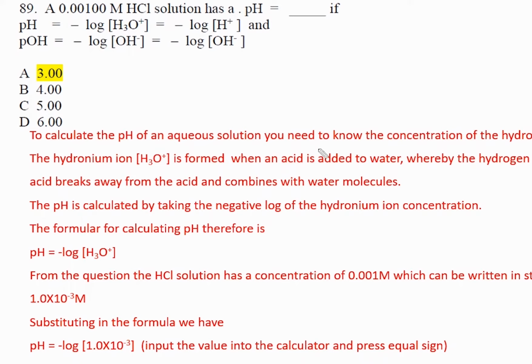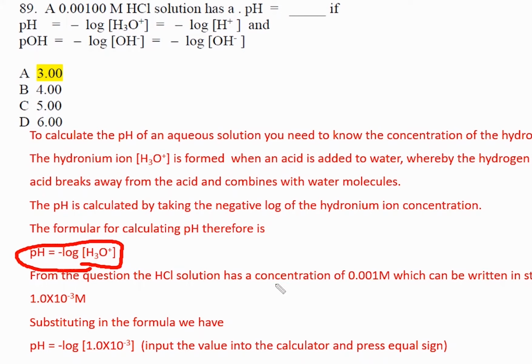The hydronium ion is formed when an acid is added to water, whereby hydrogen ion in the acid breaks away from the acid and combines with the water molecules. The pH is calculated by taking the negative log of the hydronium ion concentration. The formula for calculating the pH is pH is equal to negative log of the concentration of the hydronium ion.